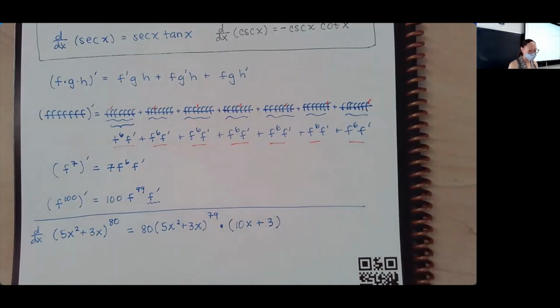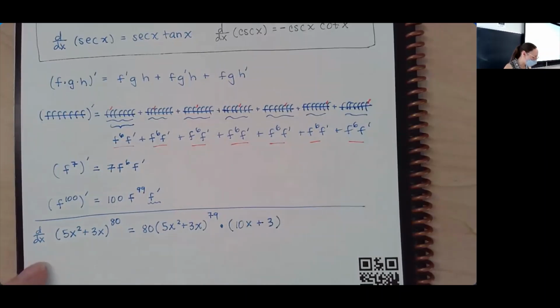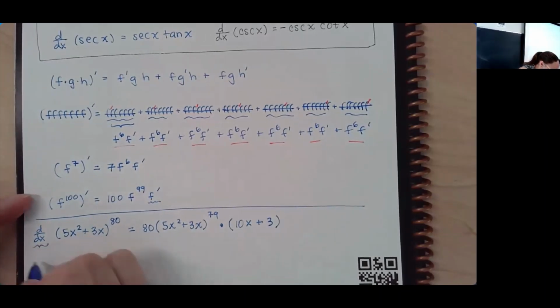This is really the thing that we're going to use the most. So I want to make sure that we get more practice with this idea. So this is just another notation that says take the derivative.